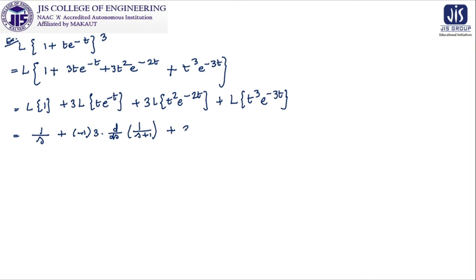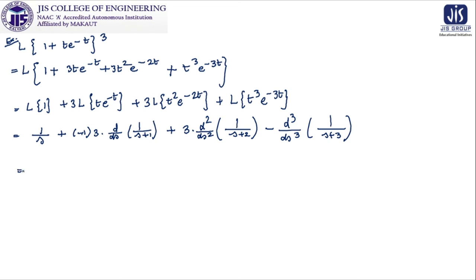Similarly, for the next term plus 3, it is minus 1 whole squared, so I am not writing it, it will be plus 1, then 1 by s plus 2, and finally we get minus 1 whole cubed, so that is why one minus sign is introduced, d cubed/ds cubed of 1 by s plus 3.